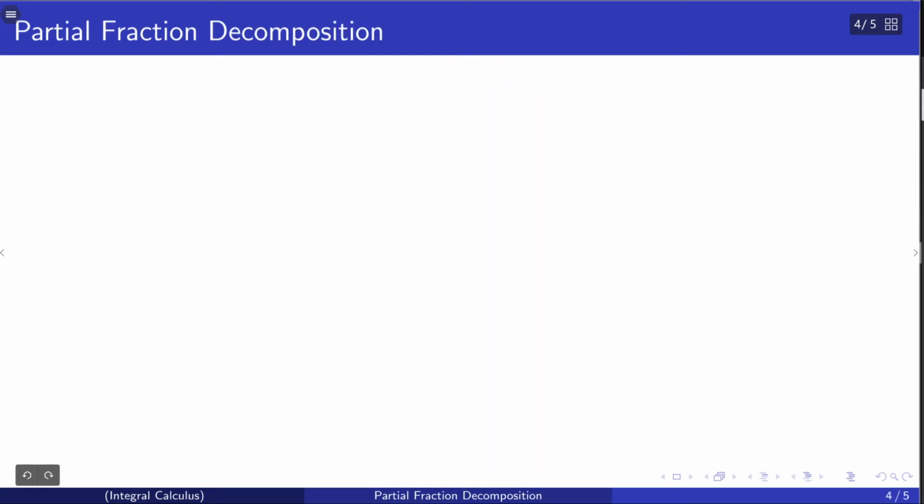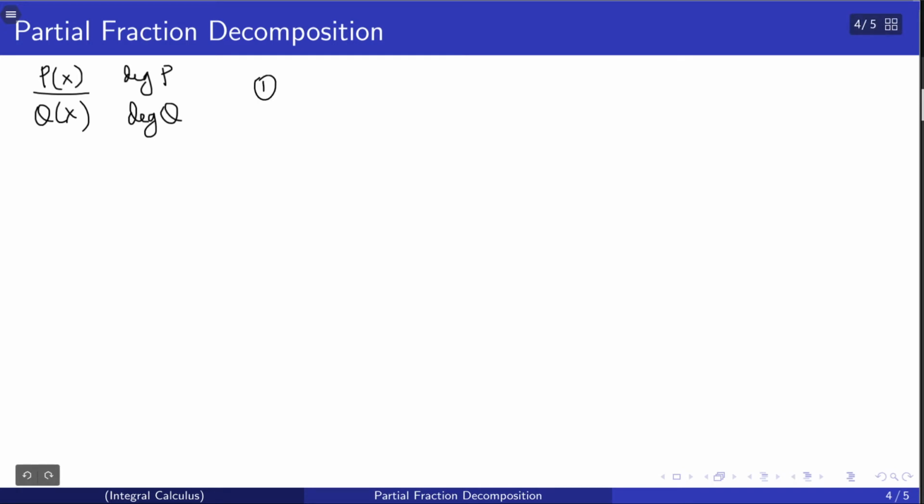And in general, this is how it works. Remember that a rational function is basically a fraction that involves polynomials. So on the top, it's a polynomial. On the bottom, it's also a polynomial. And they're going to have degrees, degree p and degree q, I'll call them.